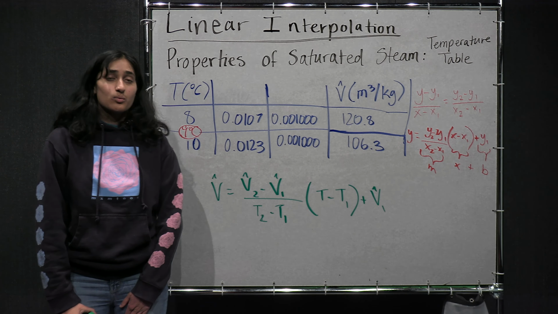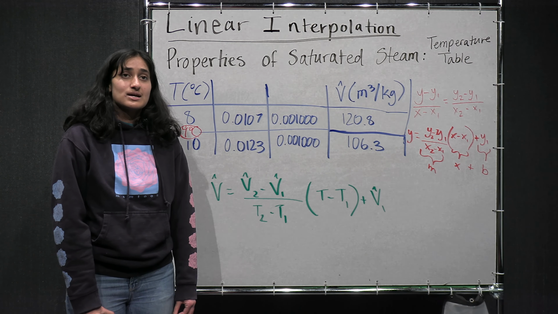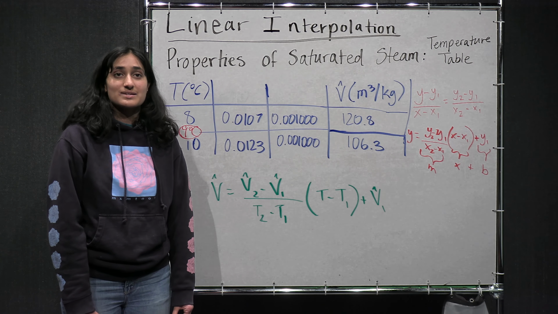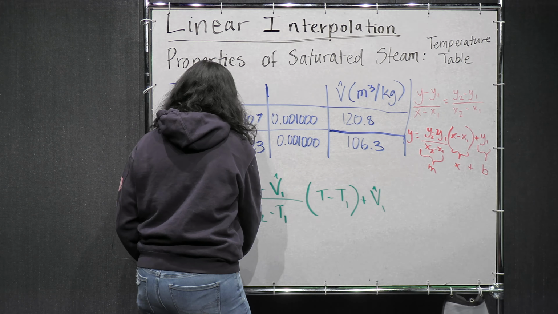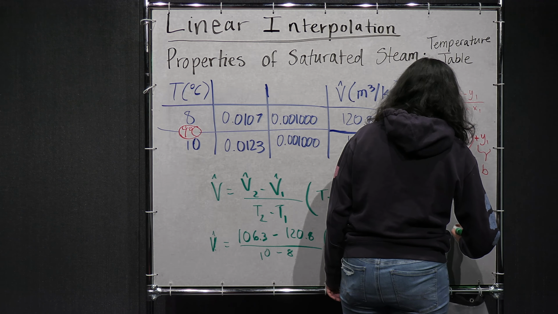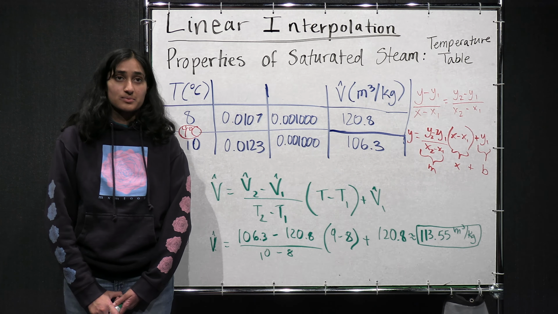Substituting in the numbers, (106.3 minus 120.8) divided by (10 minus 8), times (9 minus 8), plus 106.8 equals 113.6 cubic meters per kilogram. That covers the basics of linear interpolation.